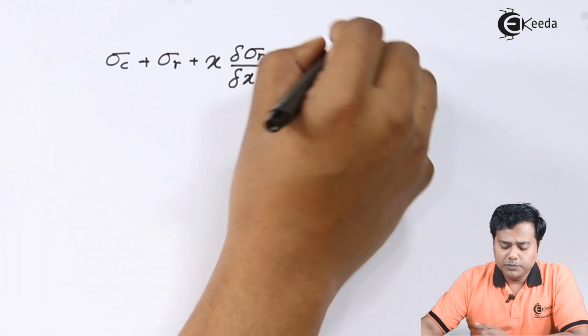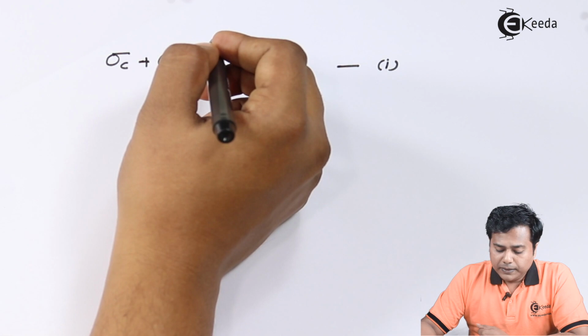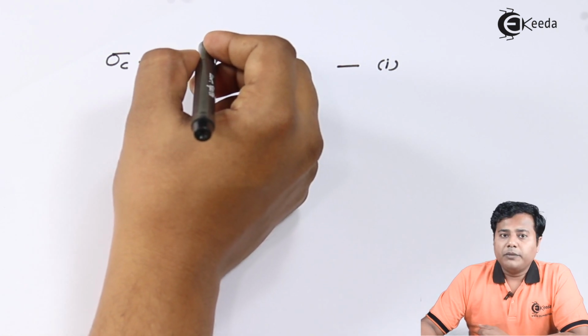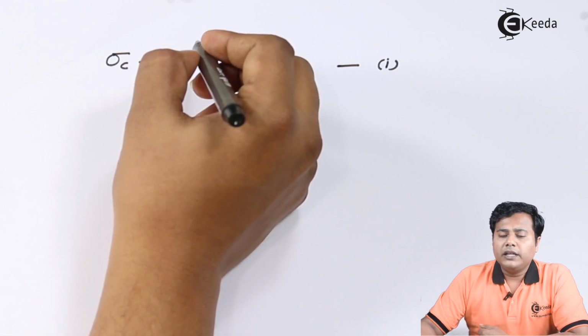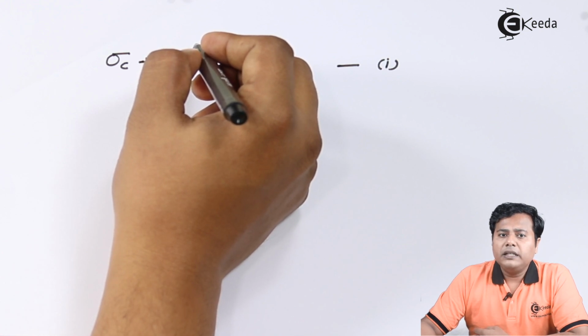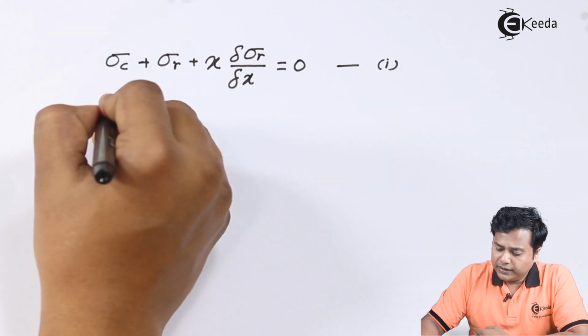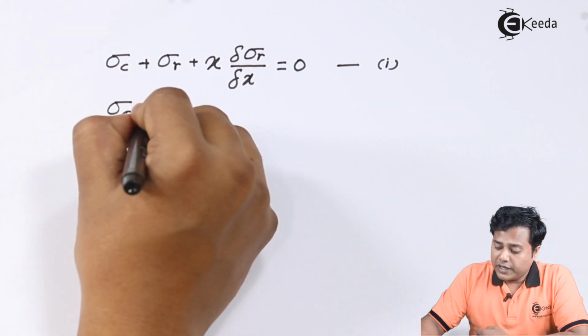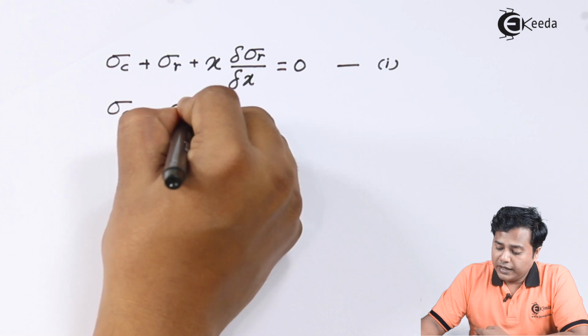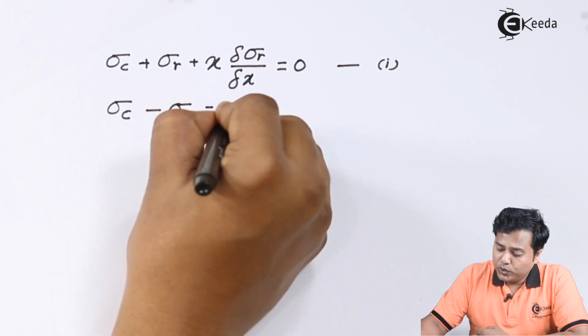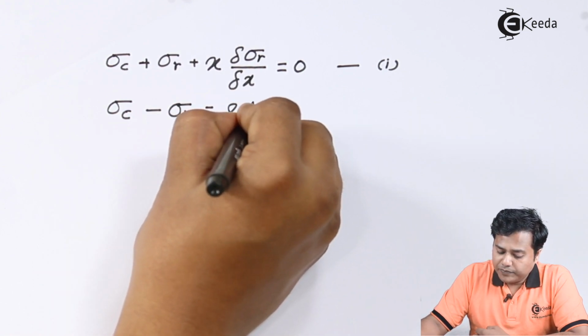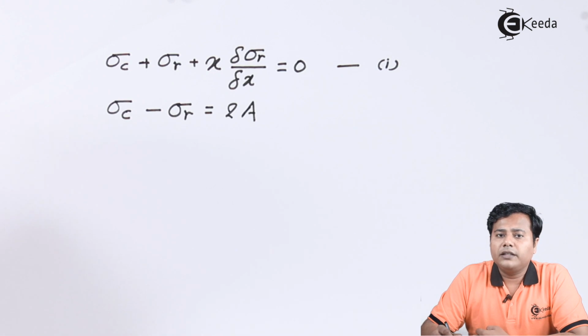Now the next thing comes. If you see theoretically, radial stresses are considerably smaller than the circumferential stresses. So it was observed that the difference between circumferential stress and the radial stress is equal to twice the A. A is just a factor, and that we need to find out.